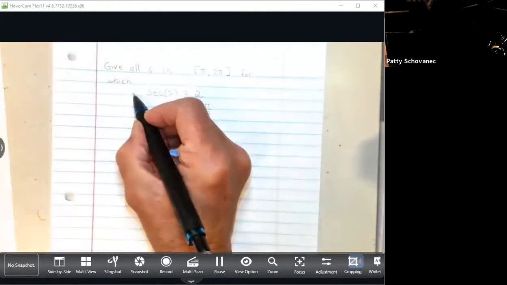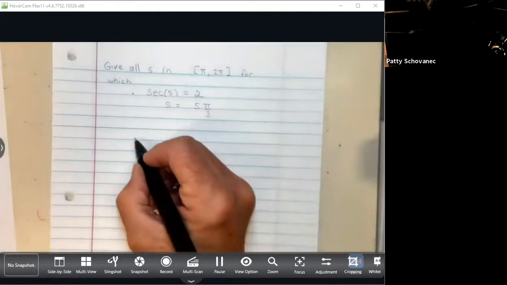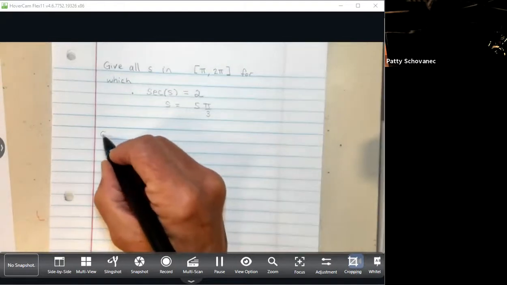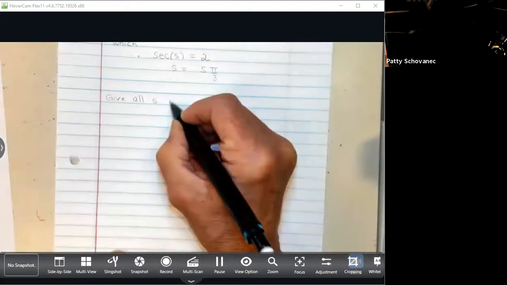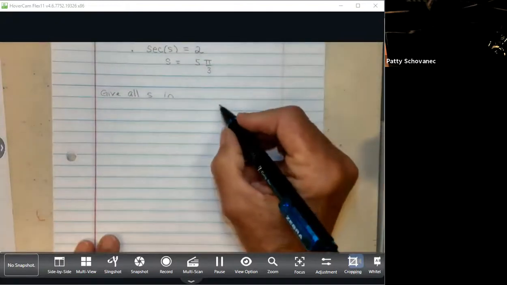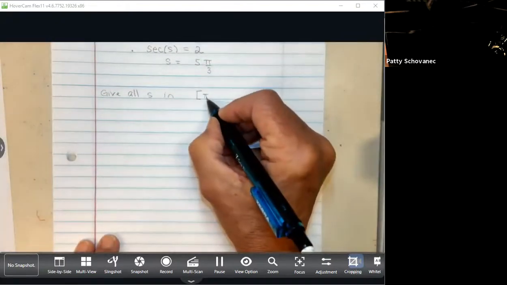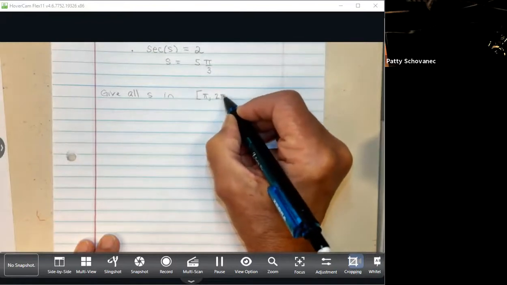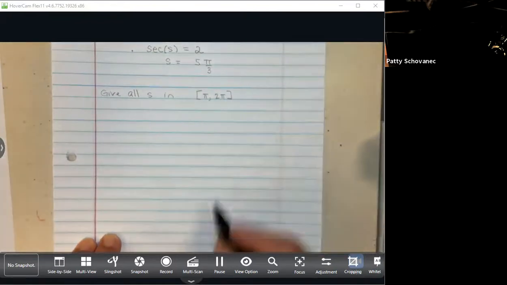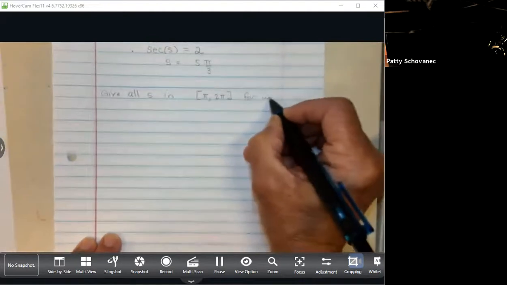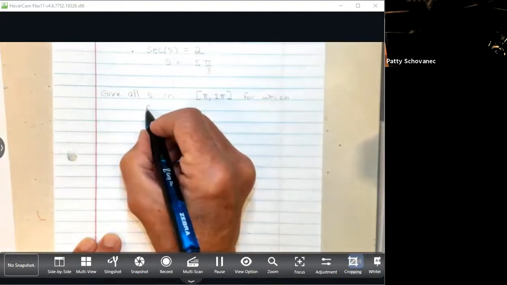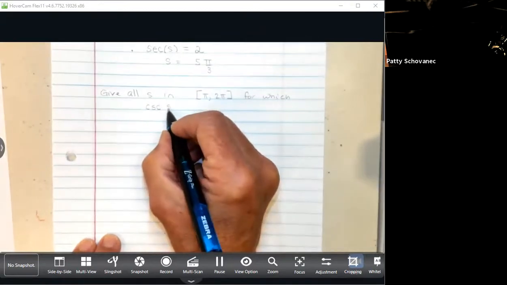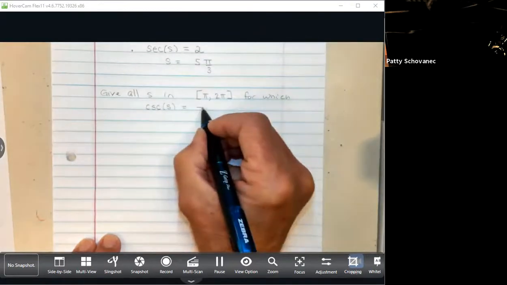Let's do one more of those. How about all S in, let's keep the same list of S's from pi to 2 pi for which the cosecant of S is a negative 2.